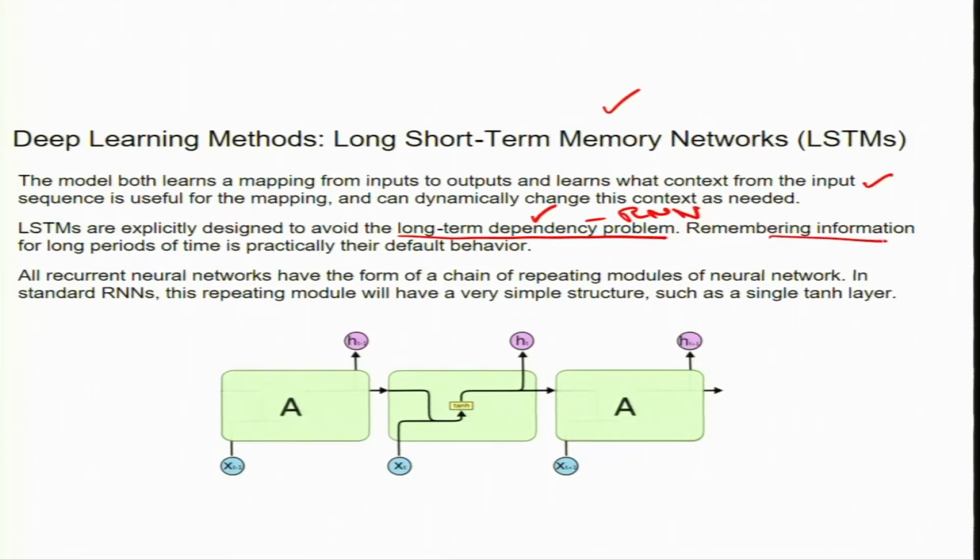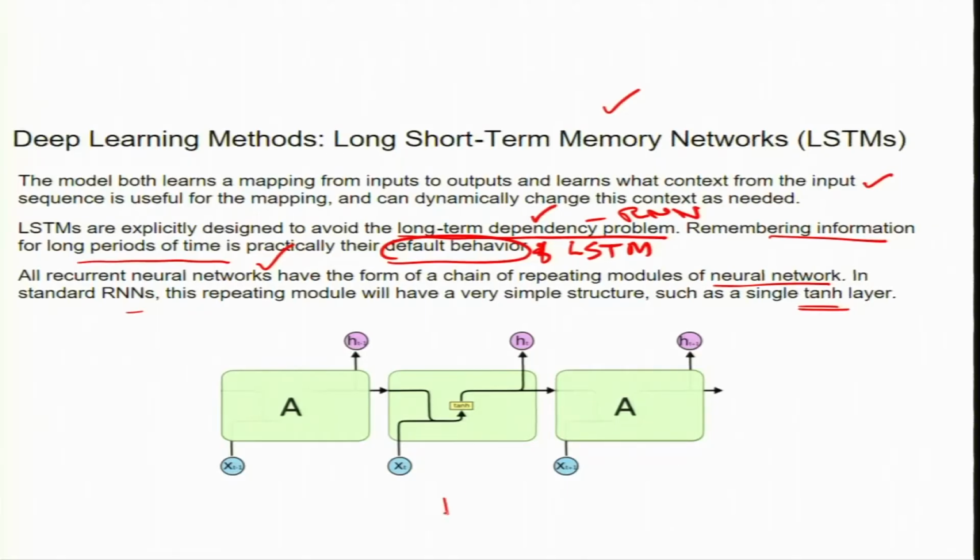Remembering information for a long period of time is practically the default behavior of LSTM. Now, recurrent neural networks have the form of a chain of repeating modules of a neural network. In a standard recurrent neural network, these repeating modules have a very simple structure such as a single tanh layer.